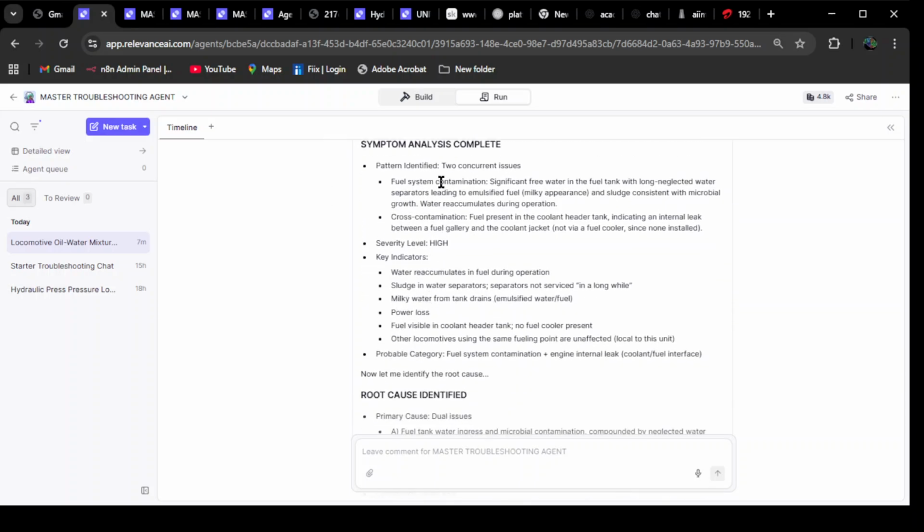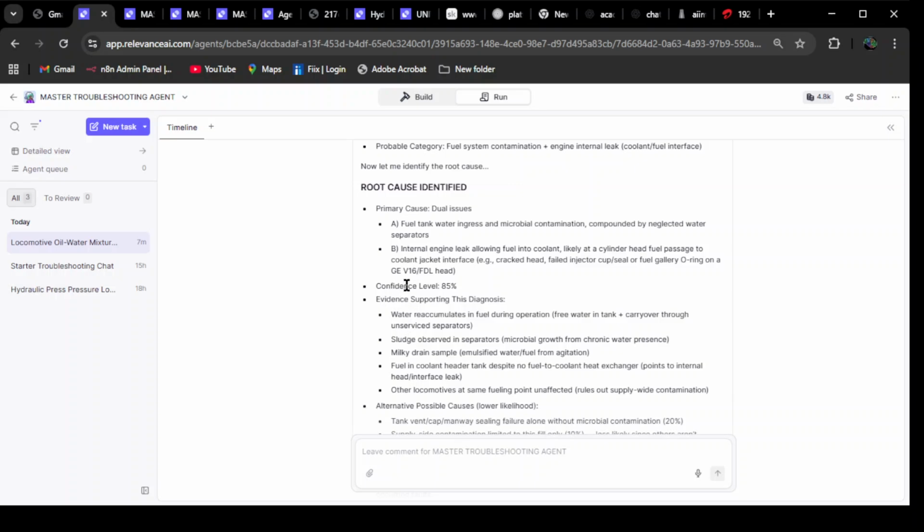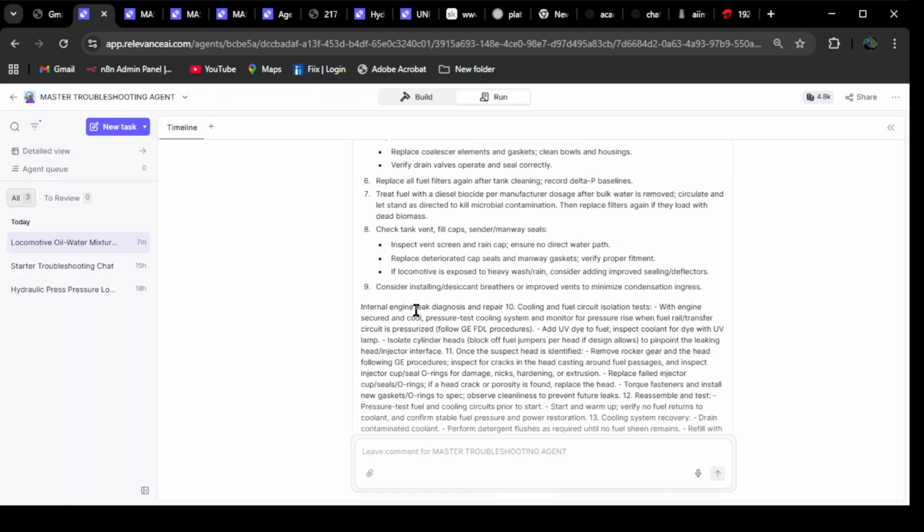So it has the symptom analysis complete, the root cause has been identified, all that has been given has a confidence level of 85%. So you could mostly trust this answer, but you have to double check with your manuals and the experts in your company. And so it gives the complete solution.